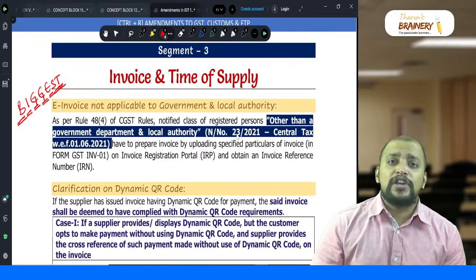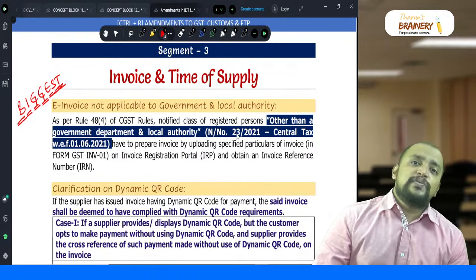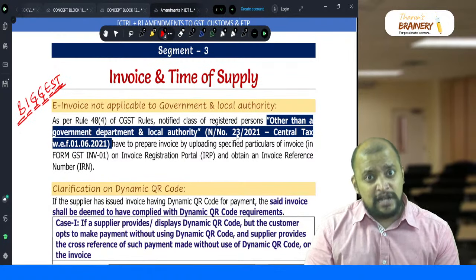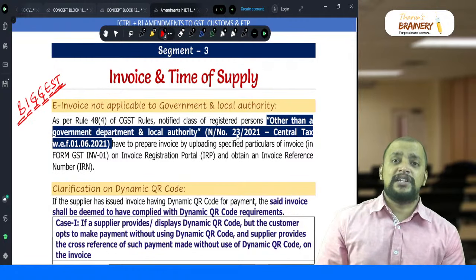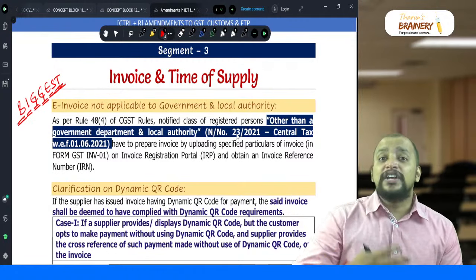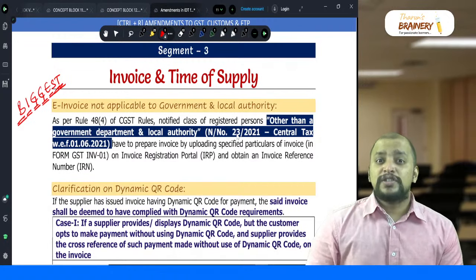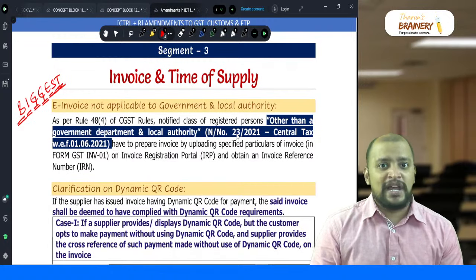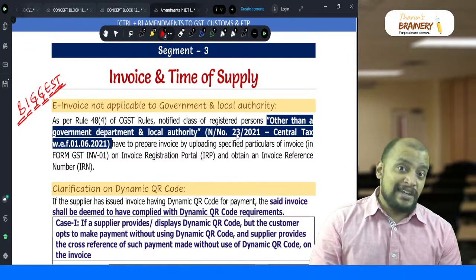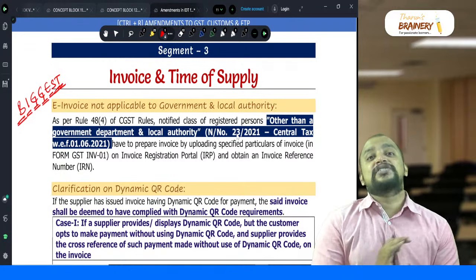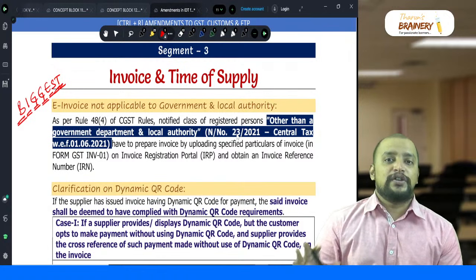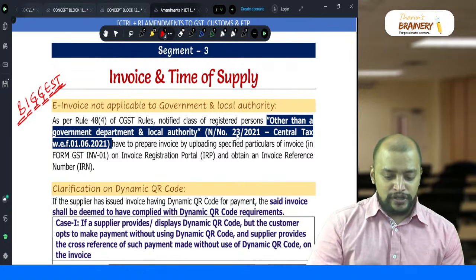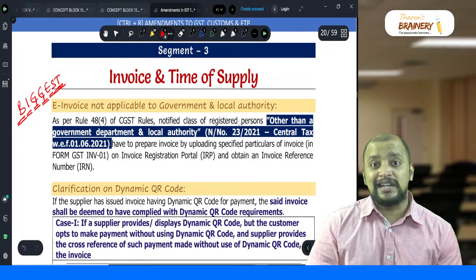Same way, if any employee is going for a business visit, the ticket will be booked in the name of the business, with the GST number given. So for Indigo Airlines or Indian Airlines, it will be a B2B supply. Whenever they are making a B2B supply, whether they need to give e-invoice, not required, because any transportation of passenger service provider is not required to give e-invoice. So you remember this, this can be tested in the exam.